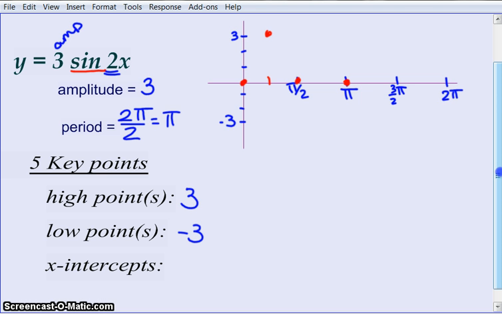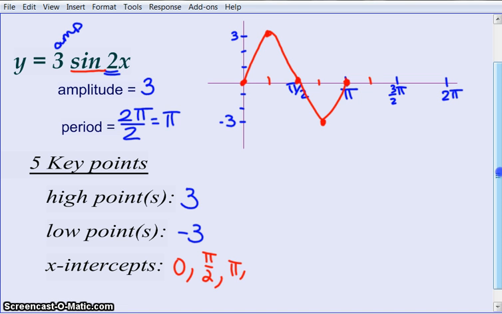So it starts at 0, goes up to a height of 3, hits pi over 2. Halfway between pi over 2 and pi, it will hit its low, and then it's going to rise back up at pi. There's one full cycle. Where did it hit the x-axis? At 0, at half a pi, and again at pi, and it'll continue touching the x-axis every half a pi.